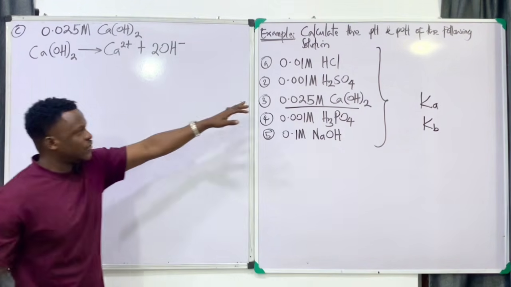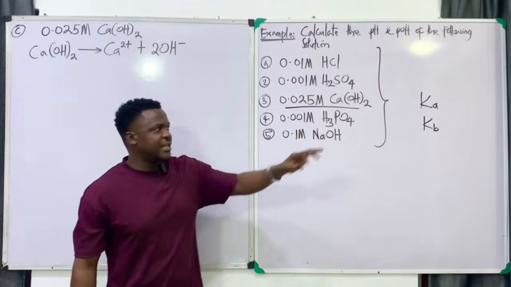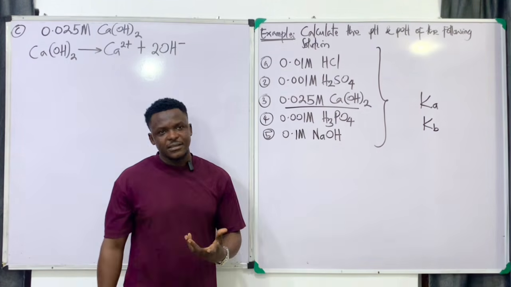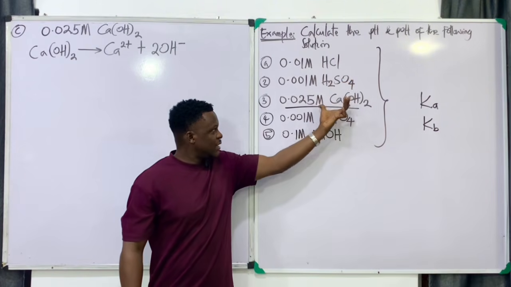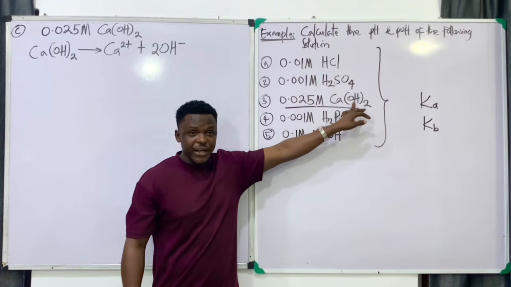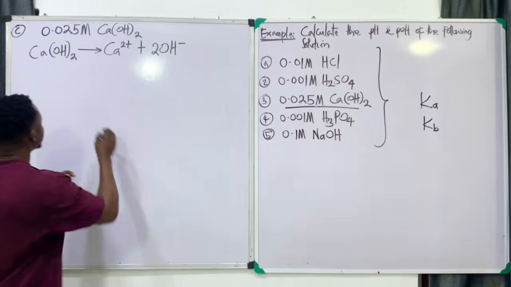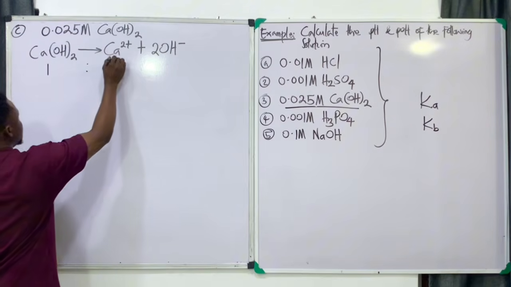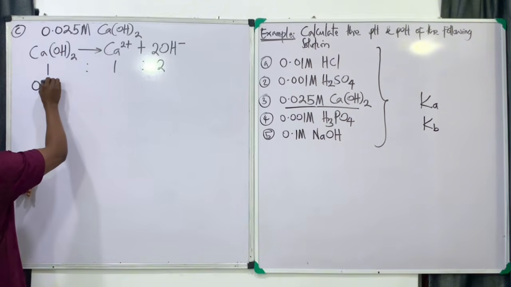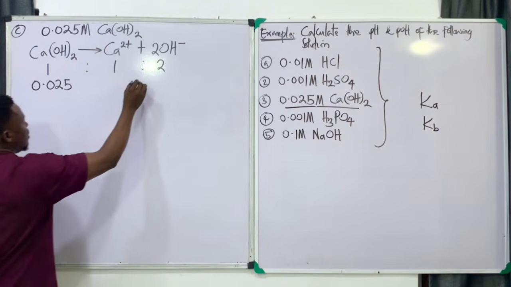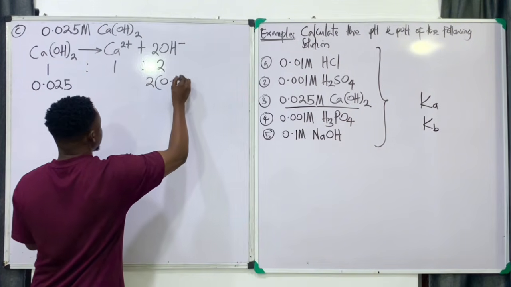And just like in the previous 2 examples, we were interested in the H plus because they were acids. We were not interested in the SO4 2 minus and Cl minus. In the case of this, we're just interested in the OH because it's a base. So what is the ratio here? 1:1:2. So if the concentration of this guy is 0.025, this will be 2 into 0.025.